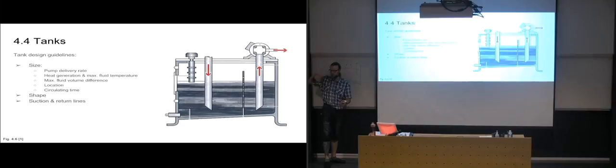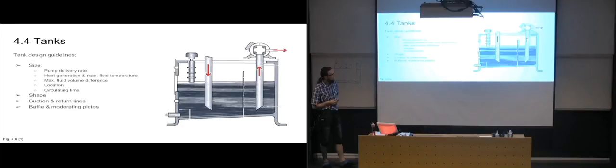You can just let the return go down in as far away from the suction as you can put it. But if both of them come out of the system at approximately the same place, you're either going to have to try to manipulate the system in order to get them apart from each other, or you'll have to use hoses and stuff to just move their locations a bit. So that will have something to say for the design of the tank.